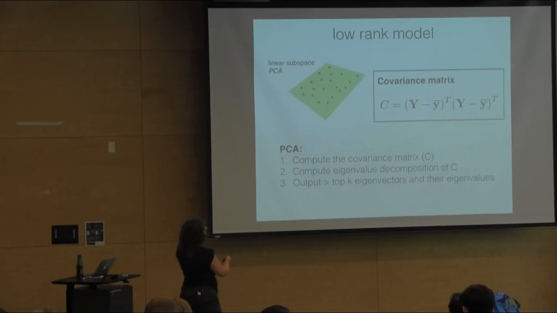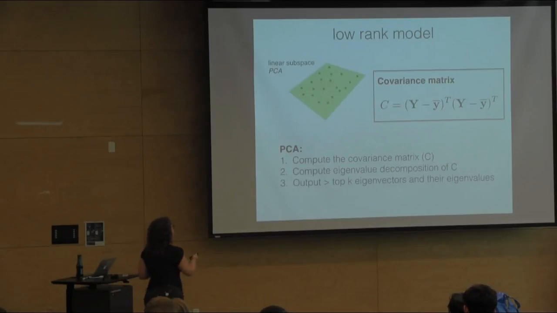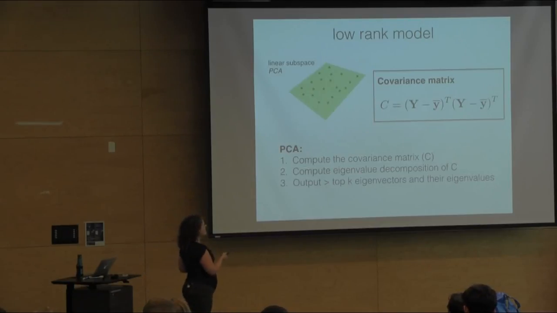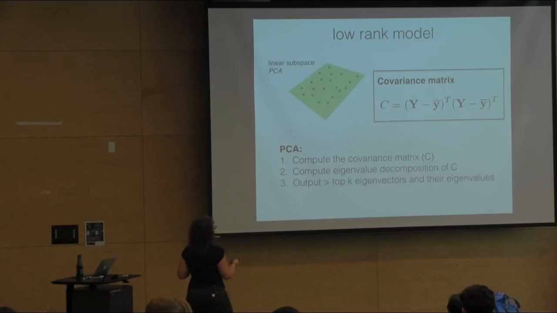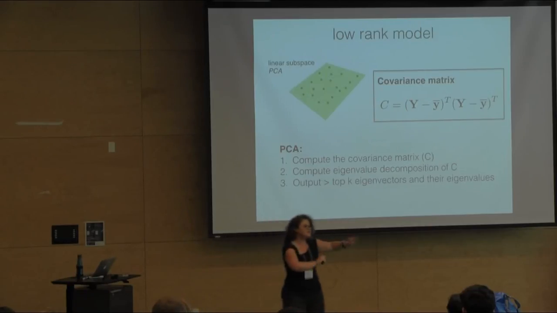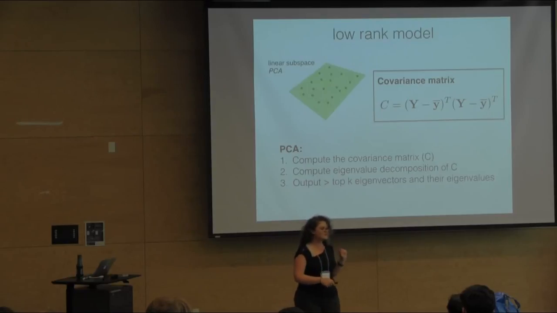If we write out the algorithm associated with PCA, we compute the covariance matrix C. That means taking the mean of our data, subtracting it, and then taking the correlation after we center the data by subtracting its mean. Then we compute an eigenvalue decomposition of that matrix, which is equivalent to doing the SVD on the original matrix.